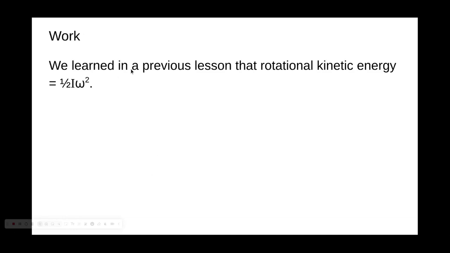Now, again, we learned in this previous lesson that rotational kinetic energy is 1/2 the moment of inertia times the angular velocity squared. So if work is delta K, and if the initial, well, we don't have to have the initial. I'm just going to keep the delta here. Is equal to 1/2 moment of inertia, angular velocity squared, change in. So there's going to be a final value here and an initial value.